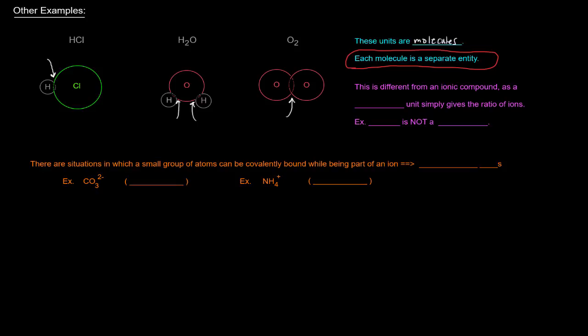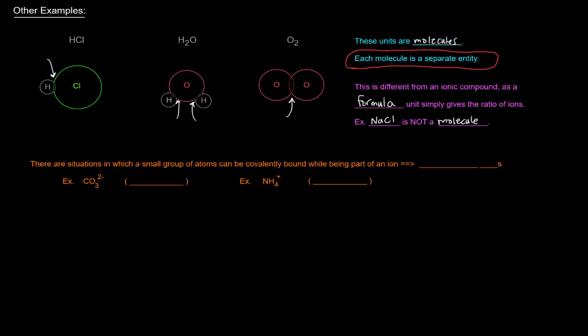Now, this is important to realize because this is different from an ionic compound. Ionic compounds have formula units, and a formula unit simply gives you the ratio of ions in a crystalline ionic compound. There's no such thing as an ionic molecule. NaCl, for example, is not a molecule.